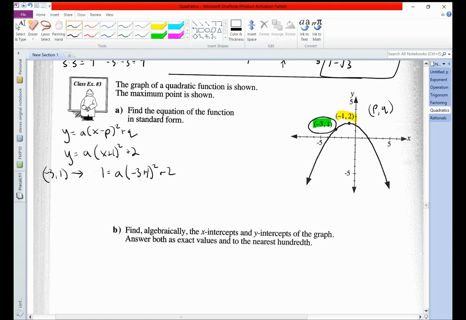So in the brackets, I have negative 3 plus 1 is negative 2. Negative 2 squared becomes positive 4. Now I can do some algebra to solve for a. I'm going to subtract 2 from both sides.